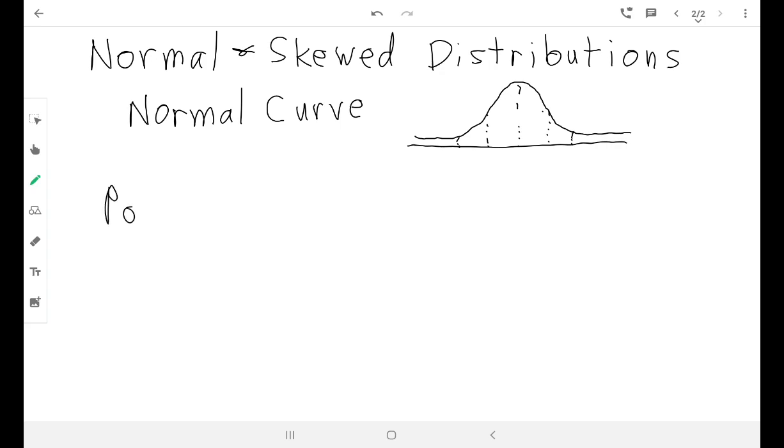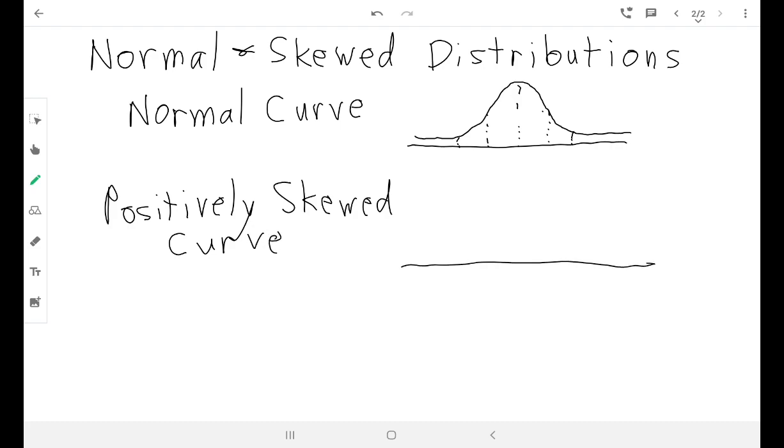A positively skewed curve looks like this. It looks like that, and the line that I'm drawing is where the mean is, where the average is.